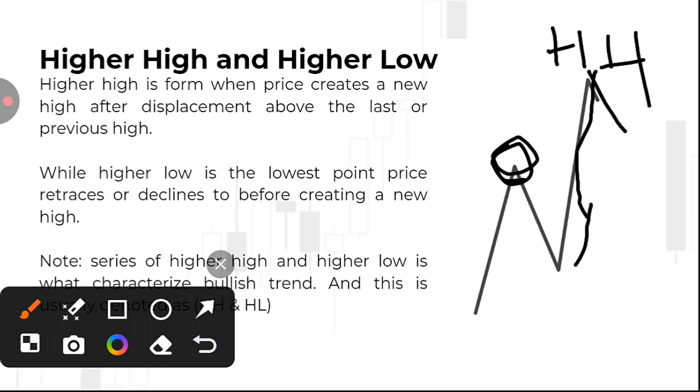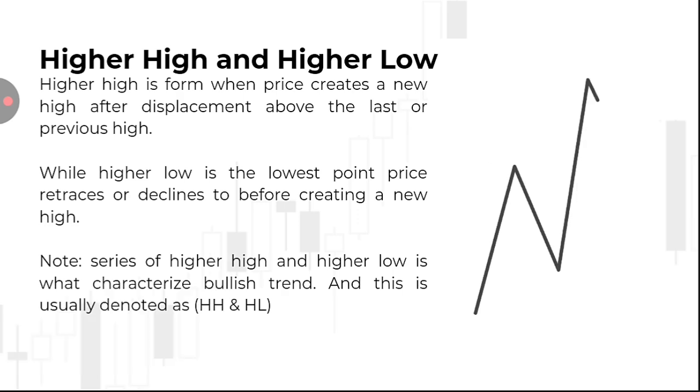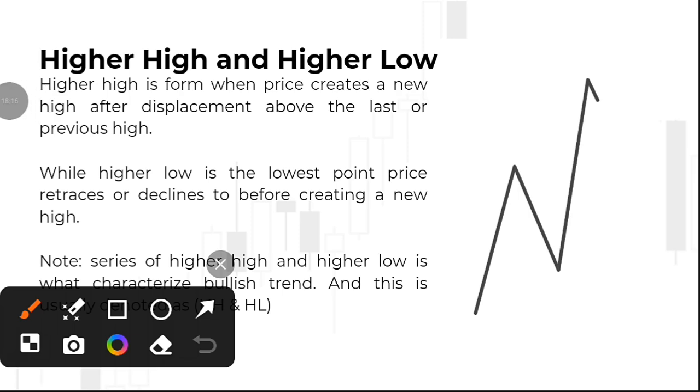All right. So what is higher low? A higher low is the lowest point price retraces or declines to before creating a new high. You agree with me that this swing low right here is the last low that price created before it takes out this high, isn't it?